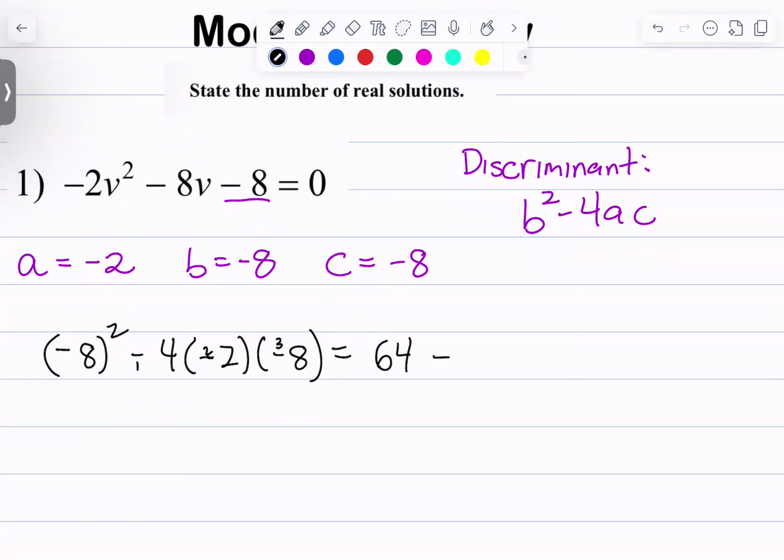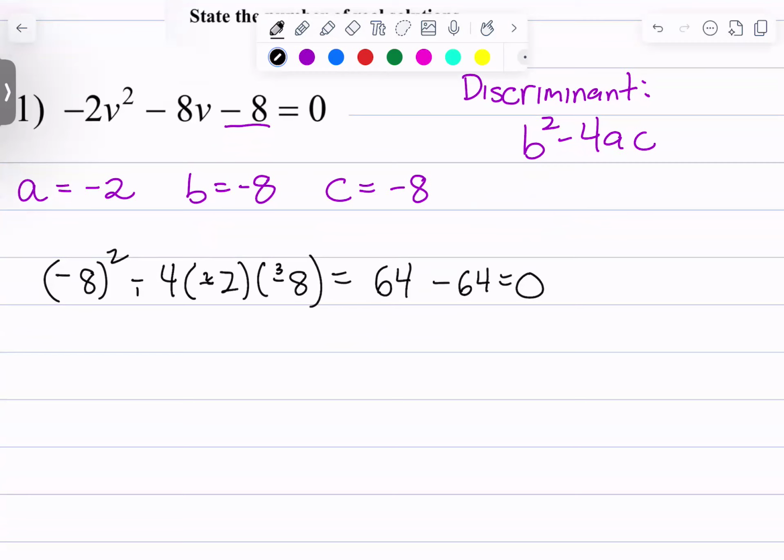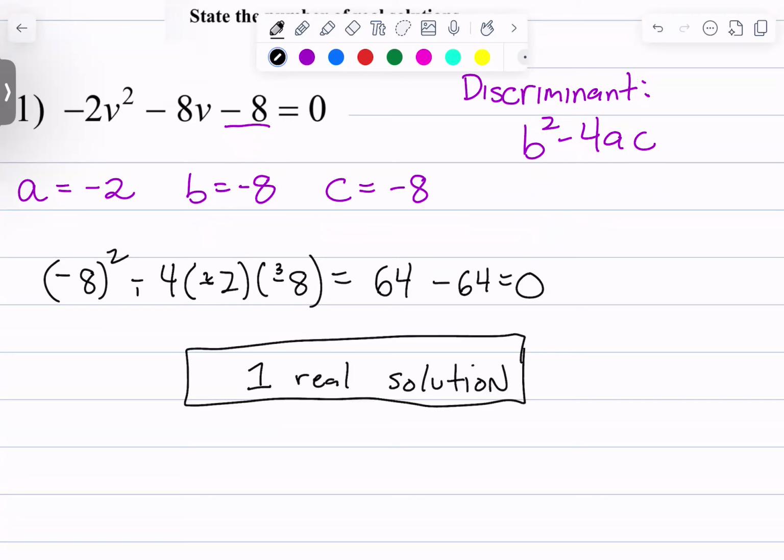So 4 times 2 is 8. 8 times 8 is 64. So that equals 0. So if your discriminant is equal to 0, you have one real solution. And that's it.